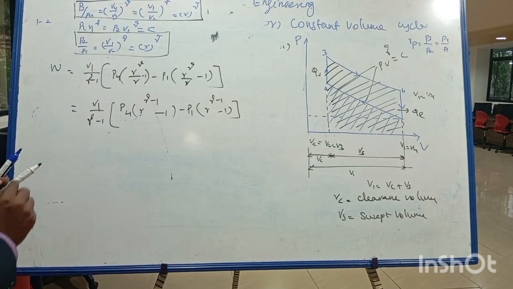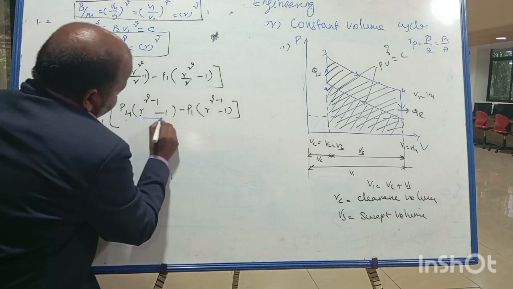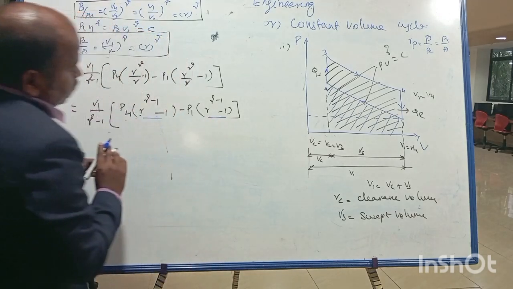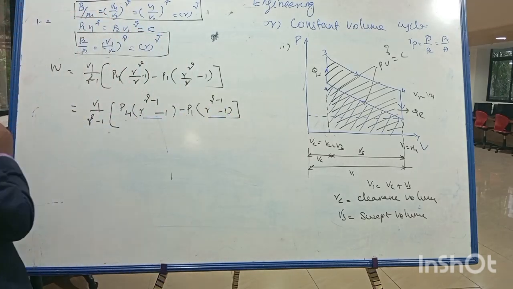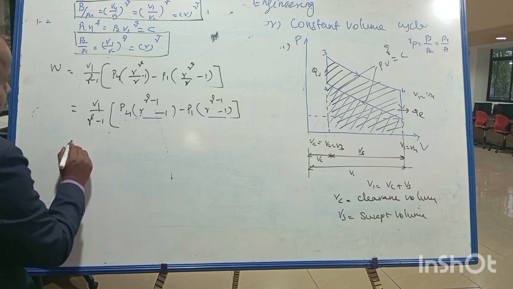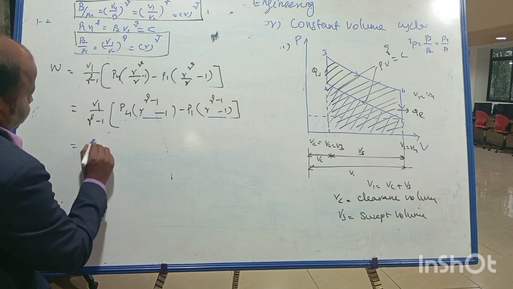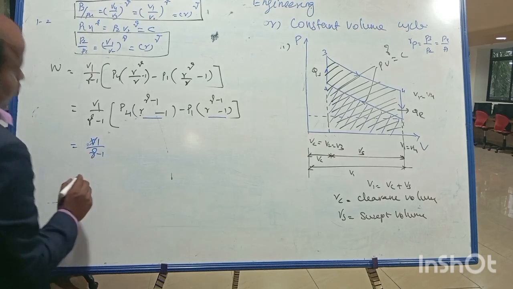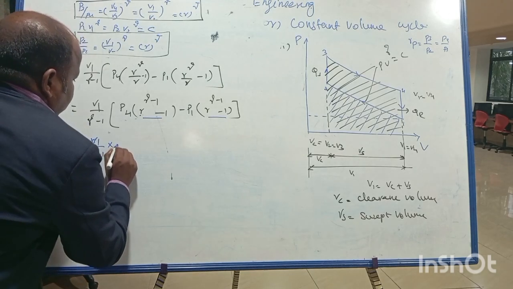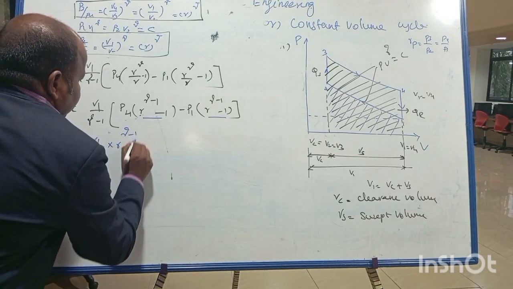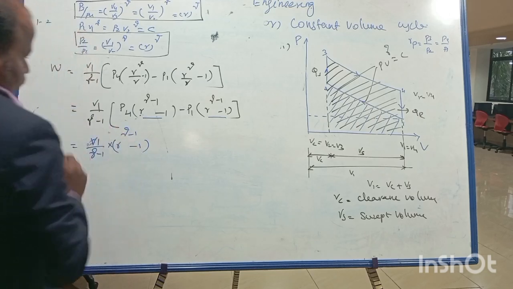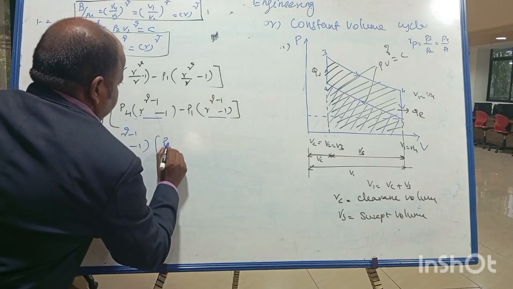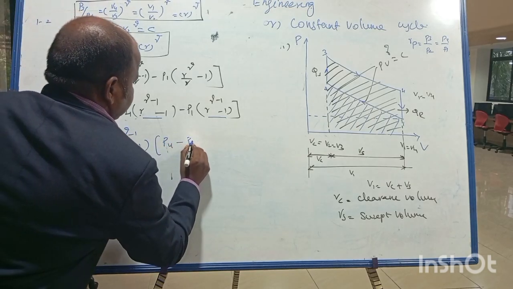Now look at these two terms. Again this R power gamma minus 1 is common. So I am going to take this term as common. So V1 divided by gamma minus 1 into R power gamma minus 1 into P4 minus P1.